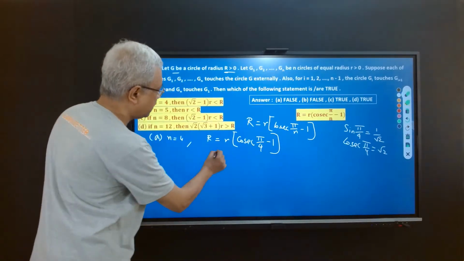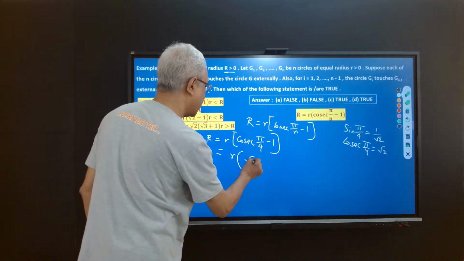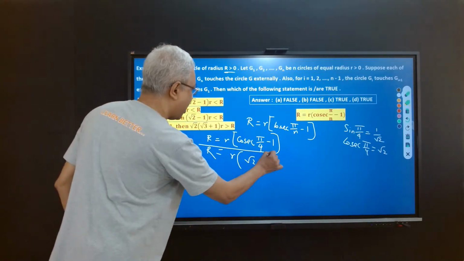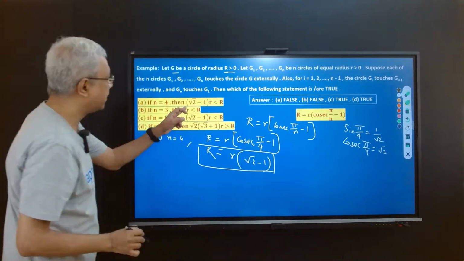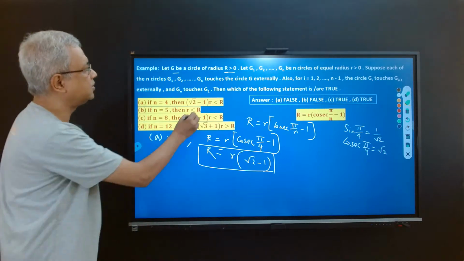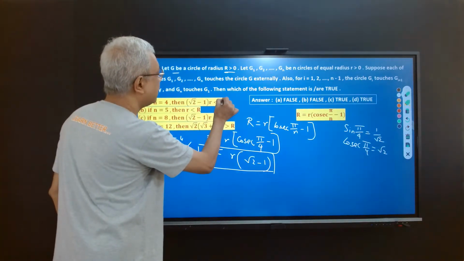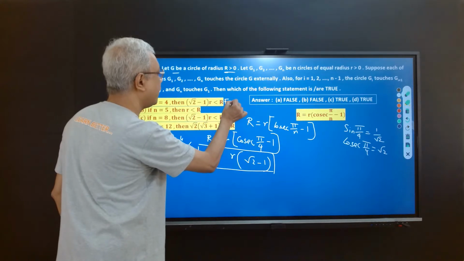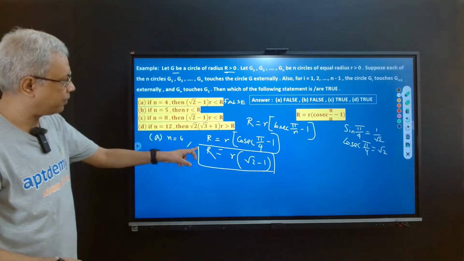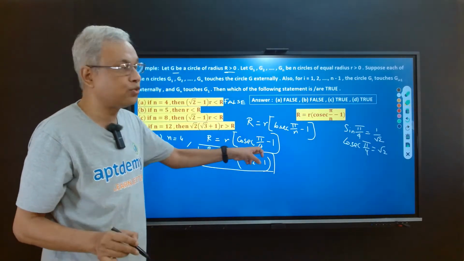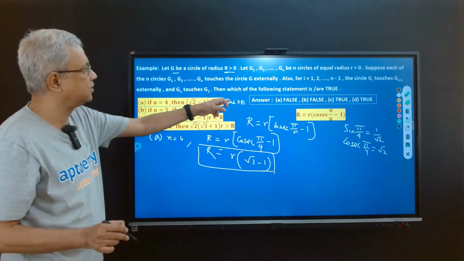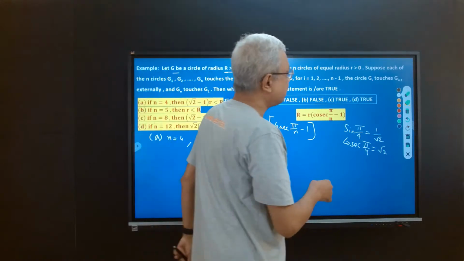So R is r into root 2 minus 1. But here it is given R is greater than root 2 minus 1 r. So undoubtedly this is a false statement. When n equals 4, capital R becomes equal to r times root 2 minus 1, and here it is given R is greater than root 2 minus 1 r, so this is a false statement. Okay, next part of the problem.